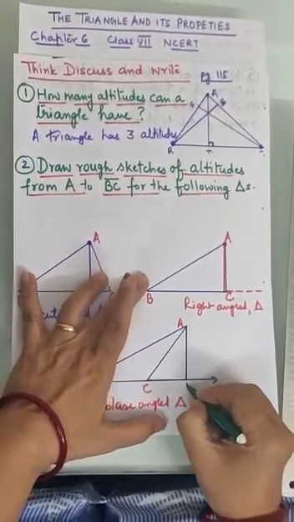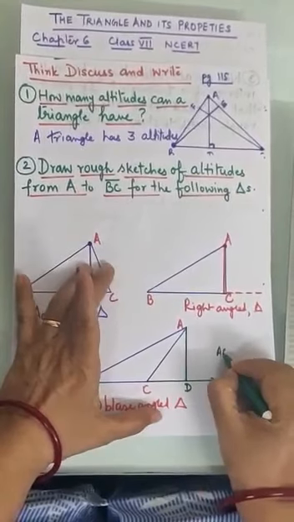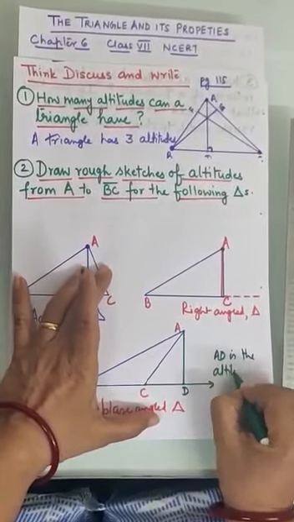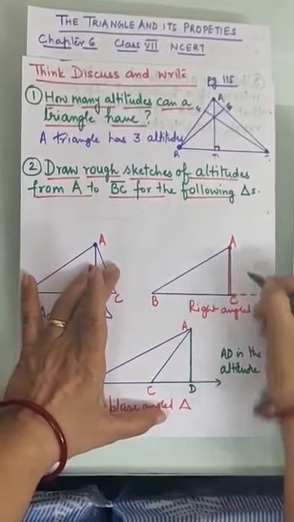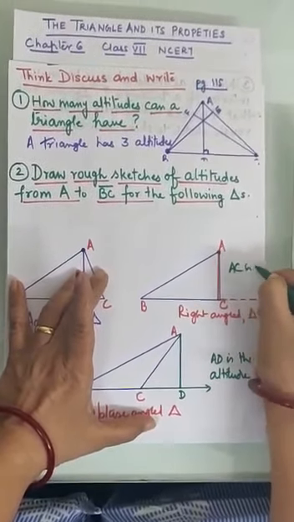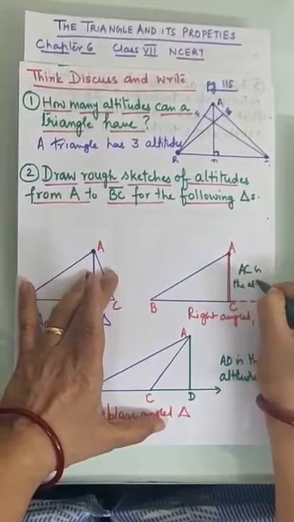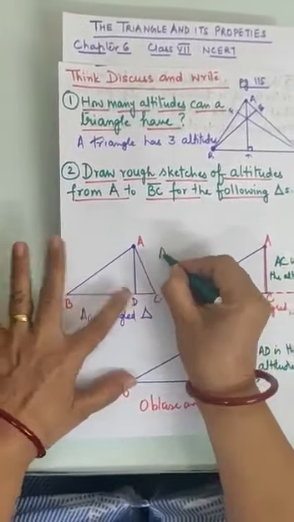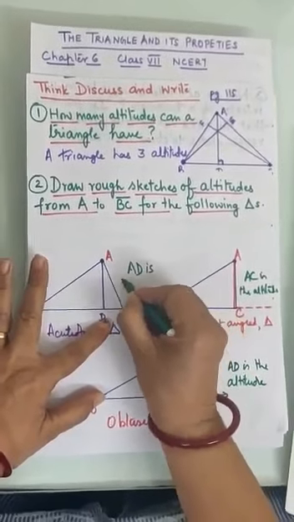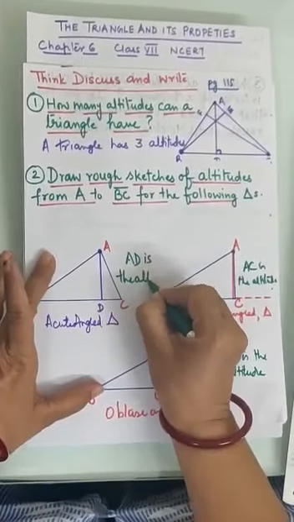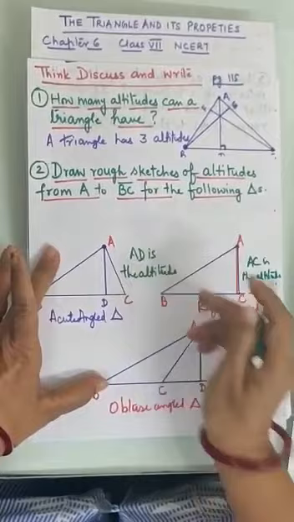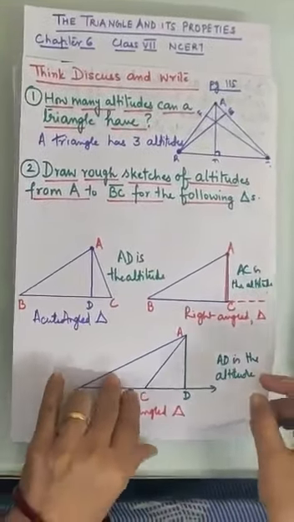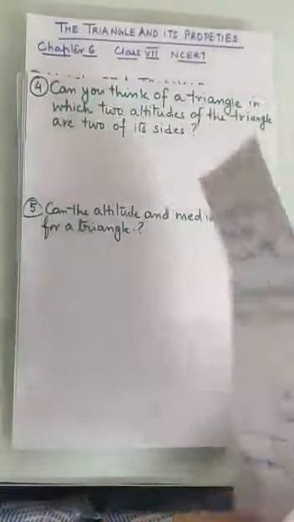This point is D. So here AD is the altitude. Here AC is the altitude. And here AD is the altitude. Am I clear to you? Yes. Let us proceed to the next question.